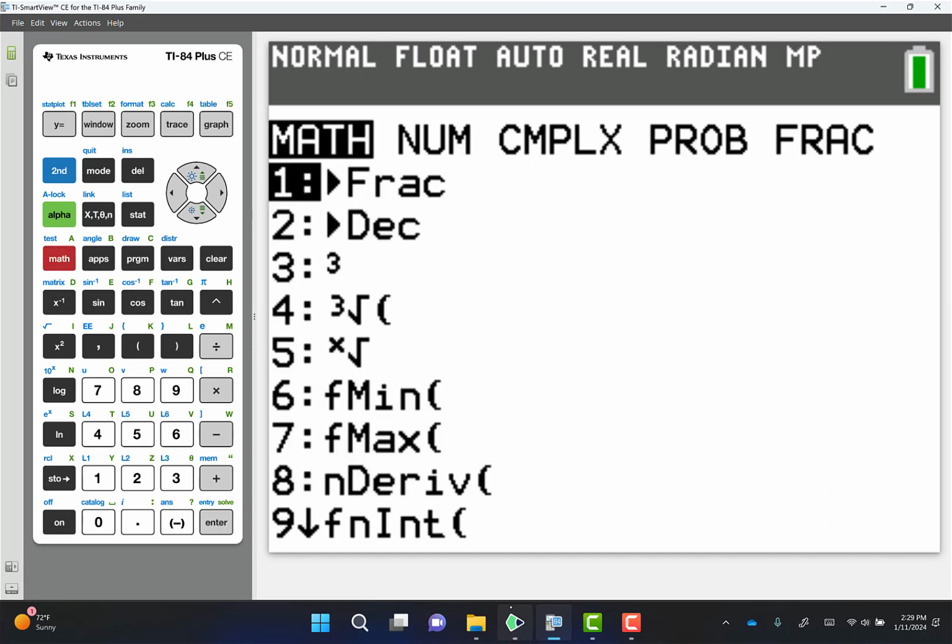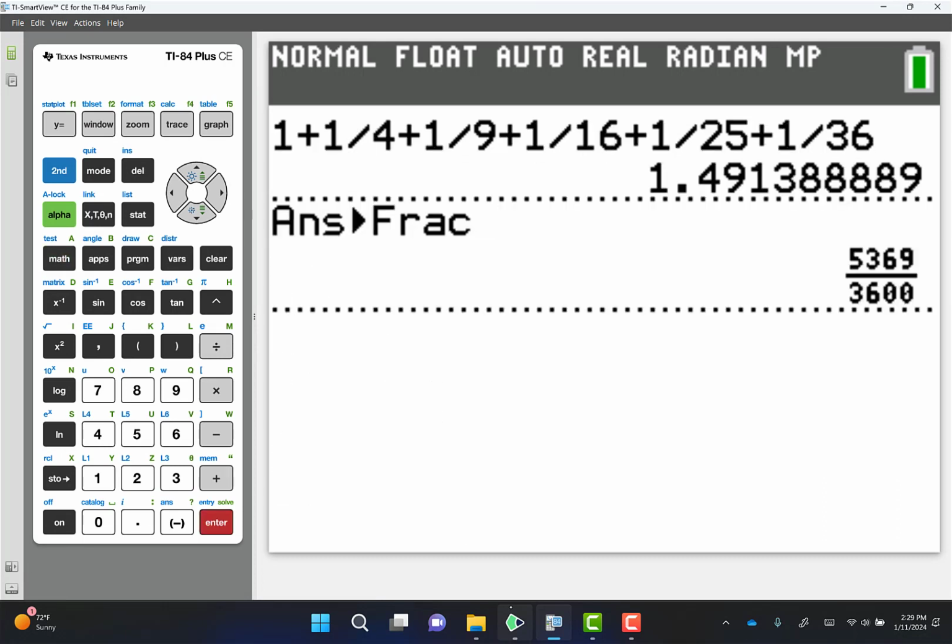Enter. I get that. Did I mess up? Oh, you got that? Okay. So 1.491, and so on.